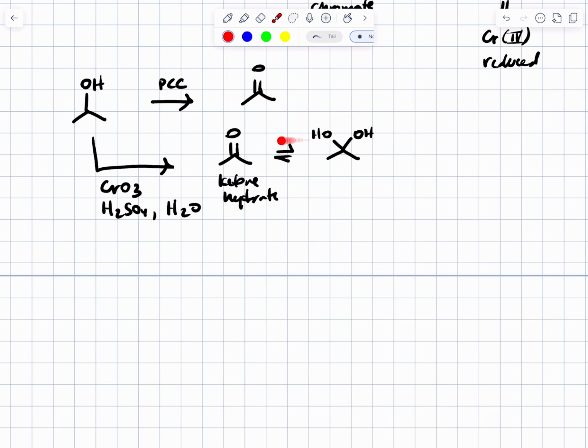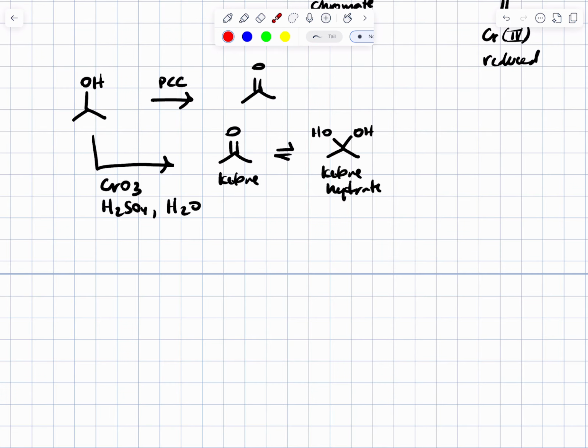But do you notice that even the ketone hydrate isn't going to do an oxidation reaction because it lacks CH bonds on the hydrate carbon. So it can't do that final elimination step that does the oxidation.